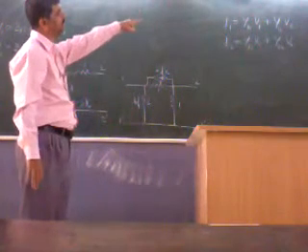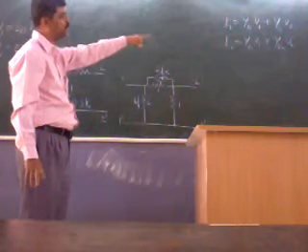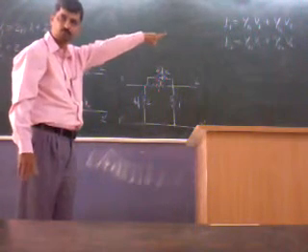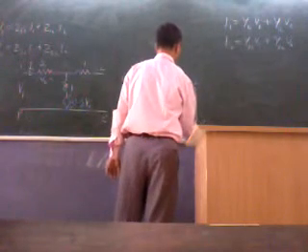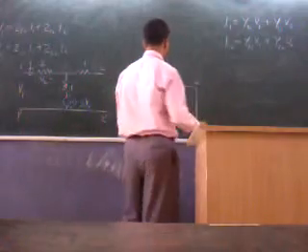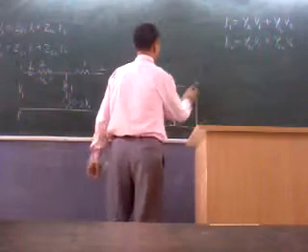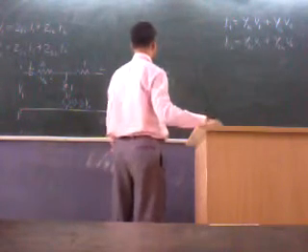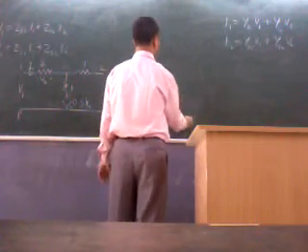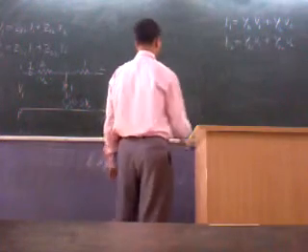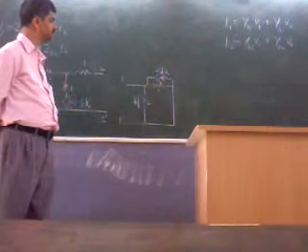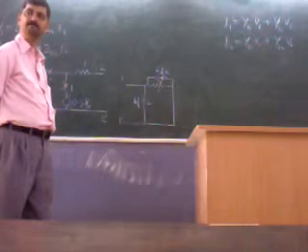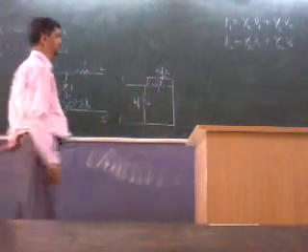So when we want to find Y11 and Y21, we short the port 2. V2 equal to 0 means port 2 shorted. So we short it like this. Right? So when it is shorted, now how will you proceed?